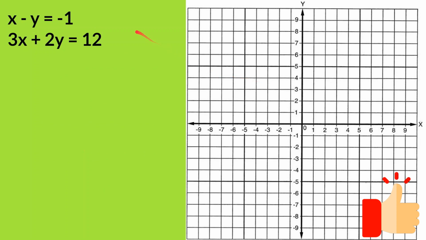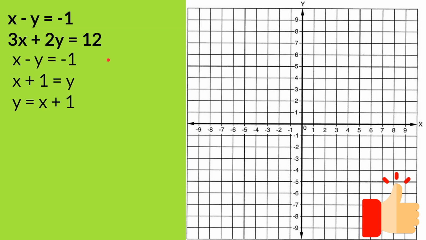So we have x minus y is equal to 1 and 3x plus 2y is equal to 12. And here there are some common steps from our previous method, and that is, first, from any equation we have to find the value of y in terms of x, that is, y is dependent on the value of x.